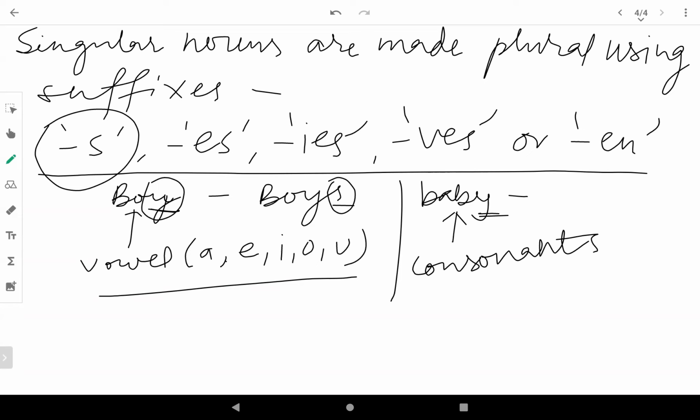So when a consonant comes before y, as in baby, the y changes to i, then we use es. Like in the word toy, plural will be toys.